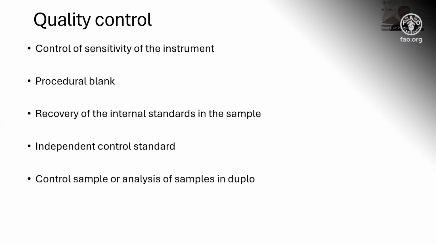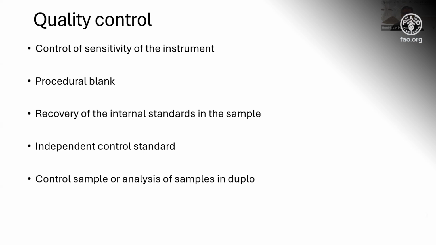Okay, this is very important because we want to have control on the quality of our result. There are different quality controls that we have to apply in the method. I have here a summary. First, we have to see if the sensitivity of the instrument is good. Then we have to look at the procedural blank to see if our reagents or the glassware do not contain polyaromatic hydrocarbons.